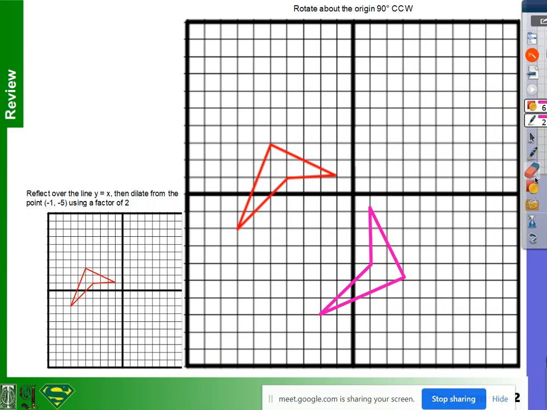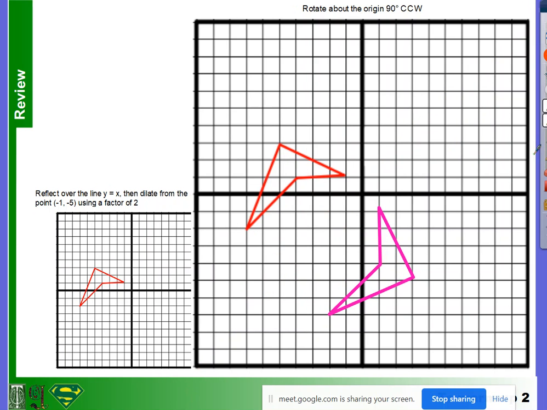Now I lost my points, so I'm going to relabel the points because I need to know what these points are called. So here's A, B, C, D, A prime, B prime, C prime, and D prime. All right, so now we need to do our dilation. Super fun dilation now.